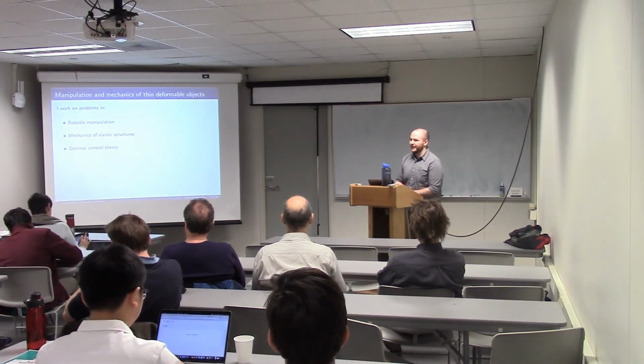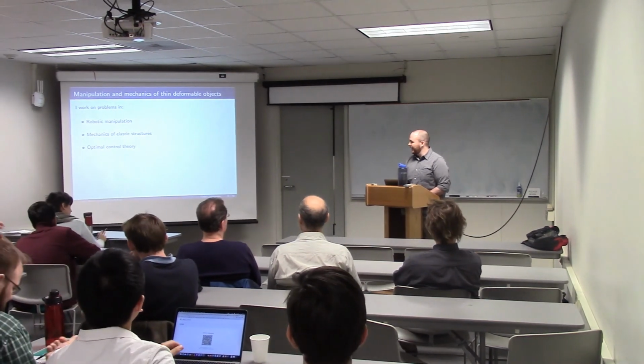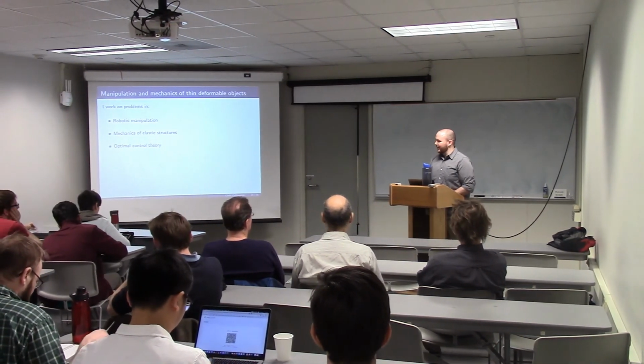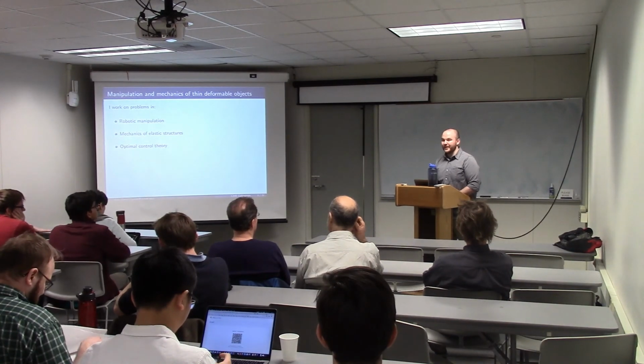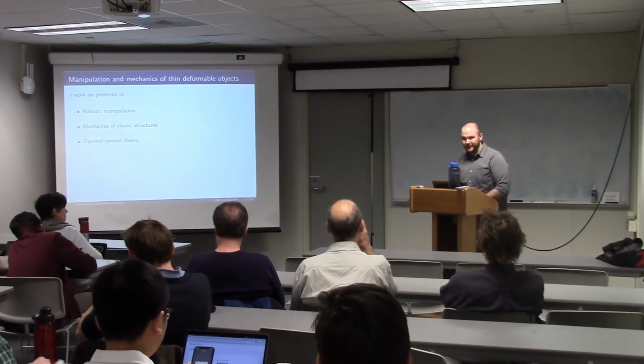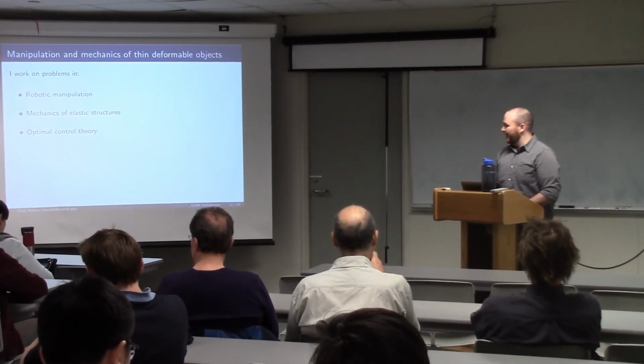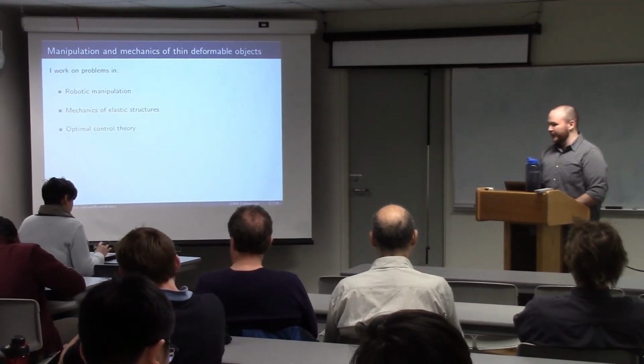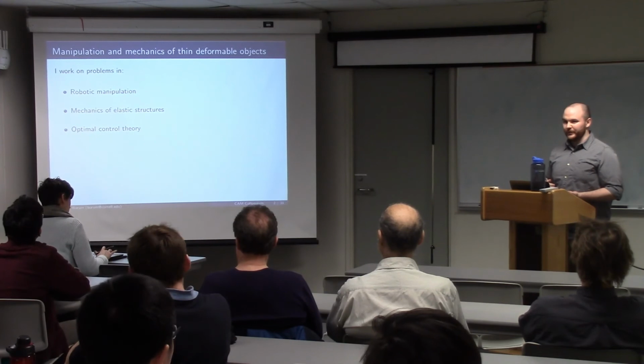So, like Steve said, I started out at Virginia Tech as an undergrad. And that's where my heart is, kind of the mechanics area. I did engineering mechanics. It's another department that's now been absorbed into something else, just like here. So one of my main focuses is mechanics of elastic structures.